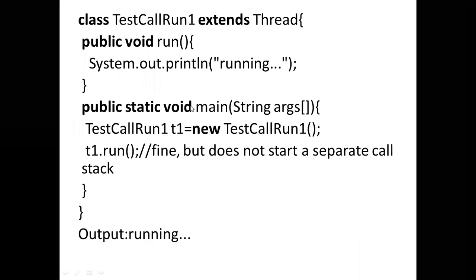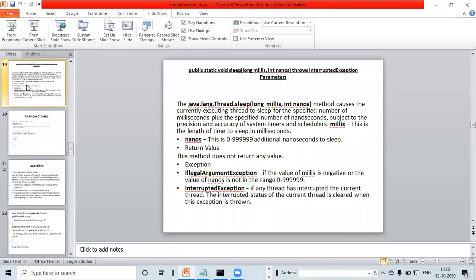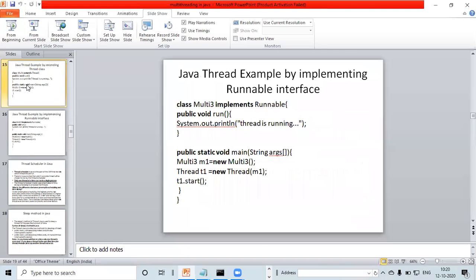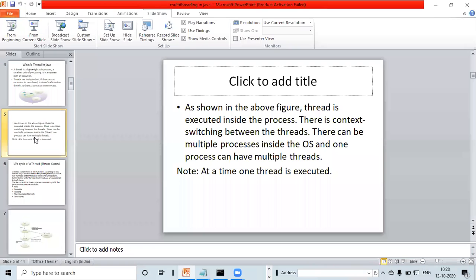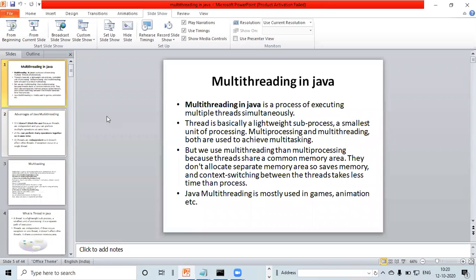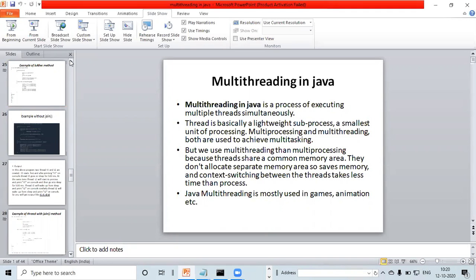Both of these methods are part of the Thread class. If you remember your diagram of this Thread class, you can see we are now discussing another part over here, the Thread class.